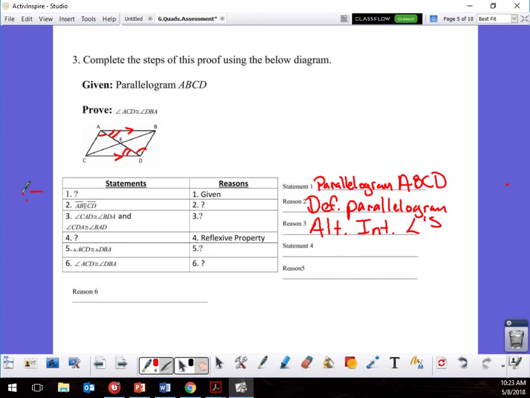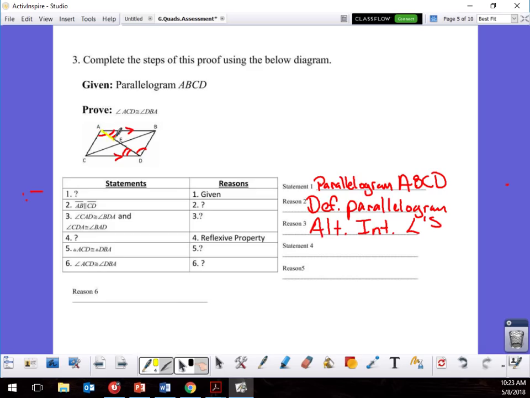4. I'm looking for the statement on 4, and it says my reason is reflexive property. A what? AD. Yeah, AD. So let's take a look at the two different triangles first before I get too far into this.